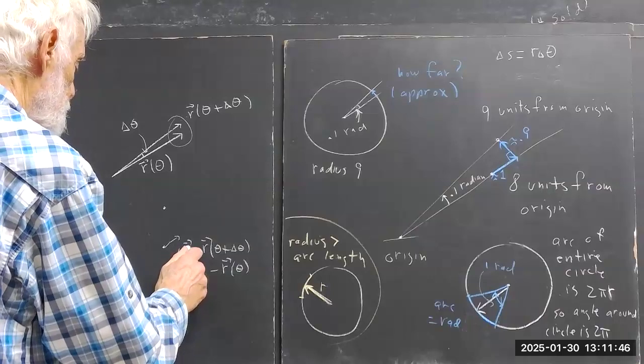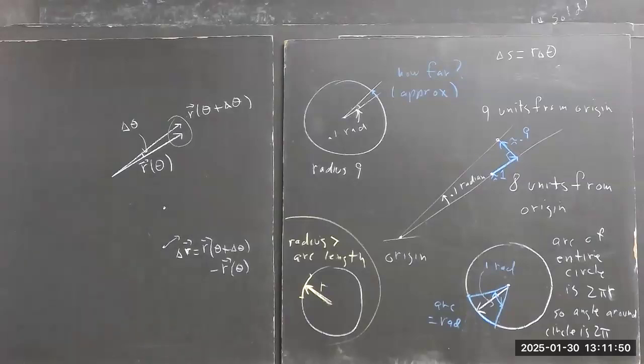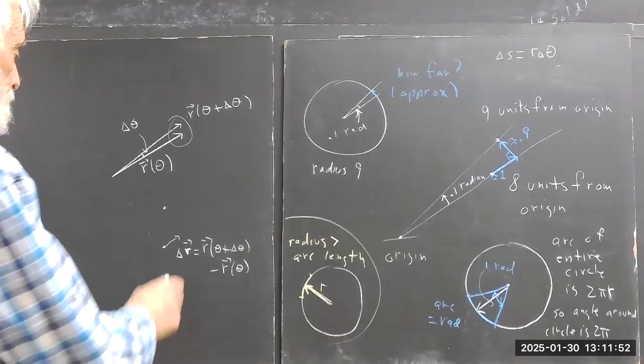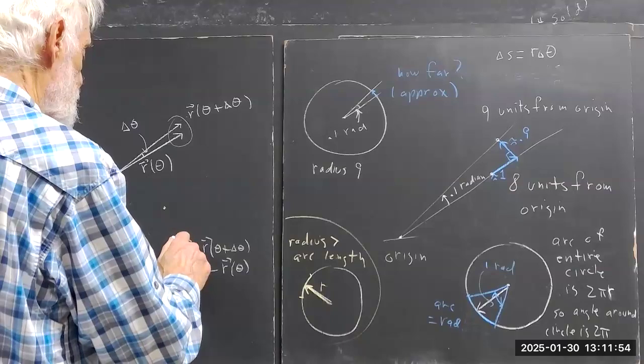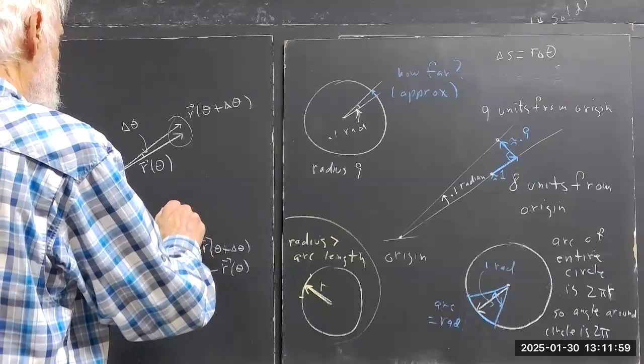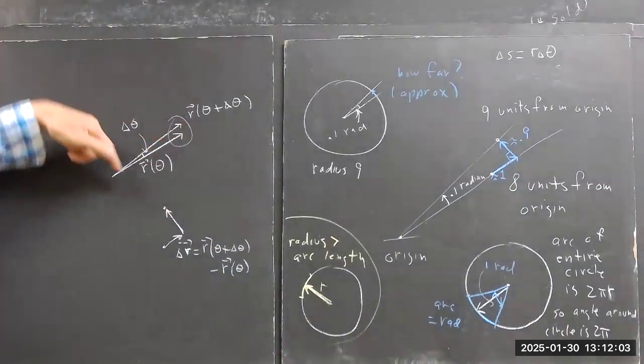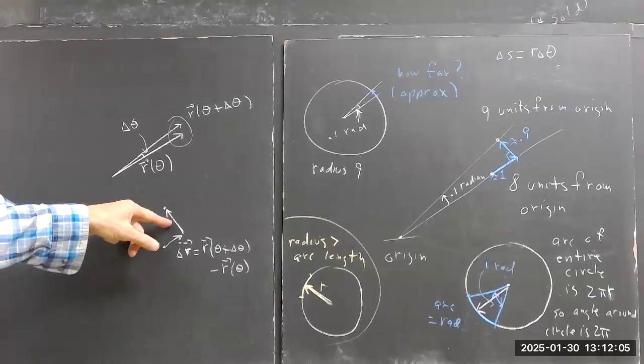R almost looks like a V in context. And then this distance is, well, in terms of theta, delta theta, and R of theta, what's this distance?